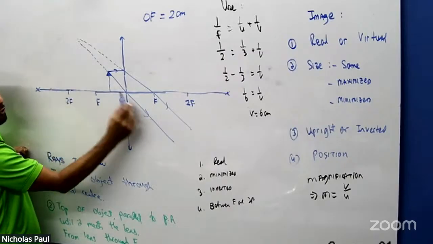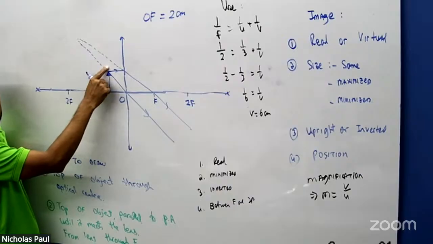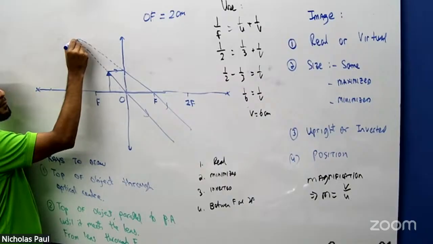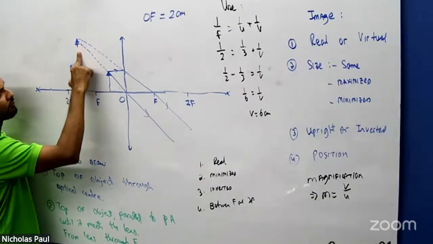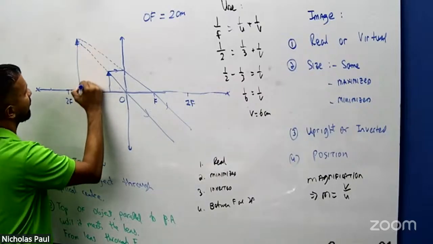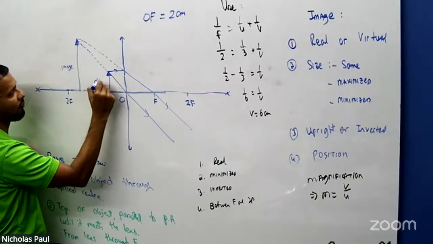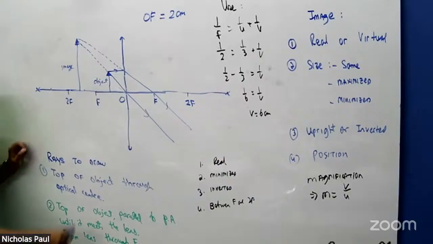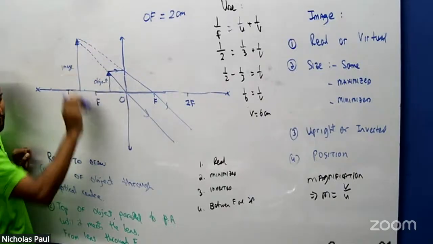So draw it backwards like this. Not solid, broken. Where they meet, that's the top of your image. So between O and F, these rays are not going to meet, so draw them backwards.